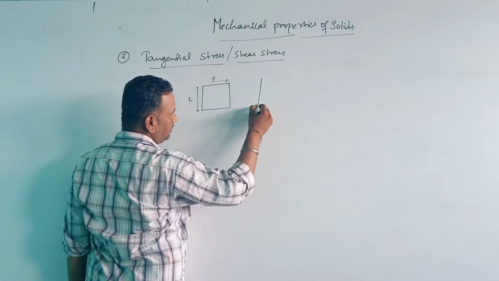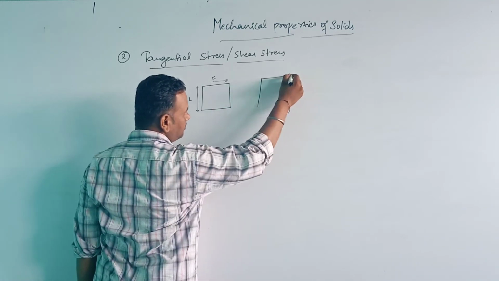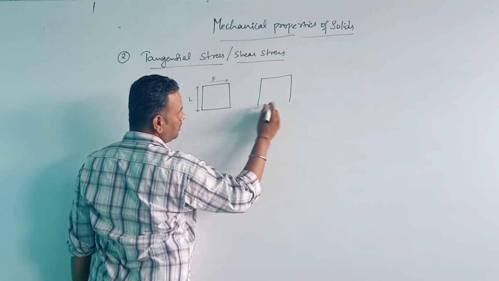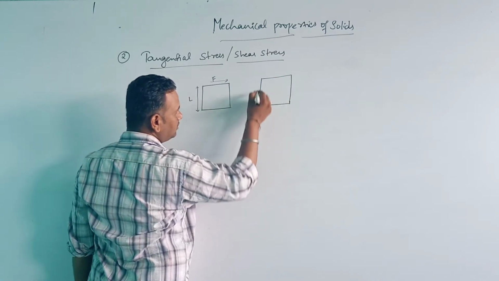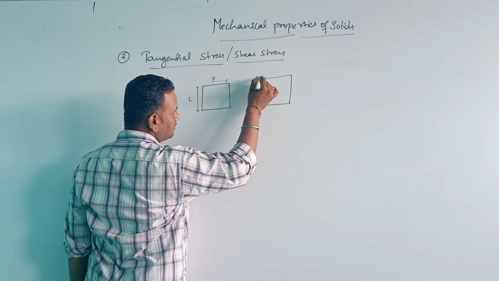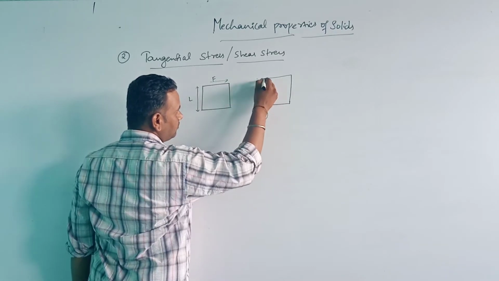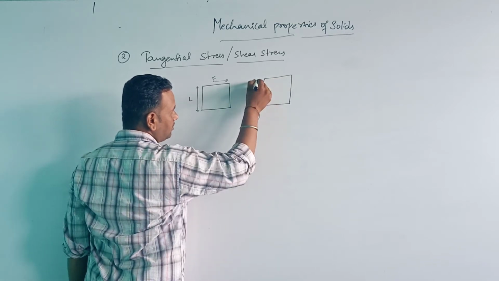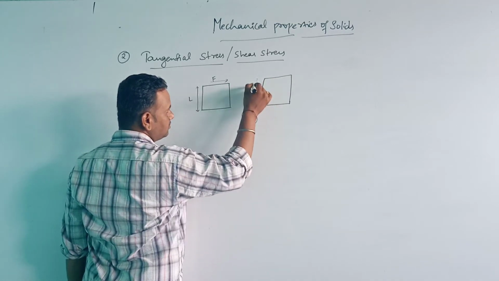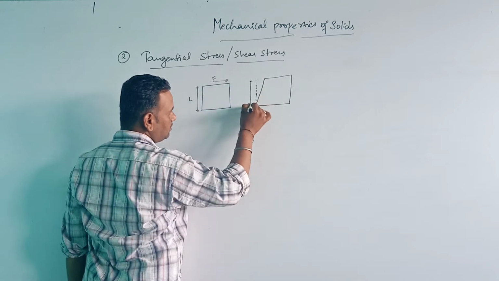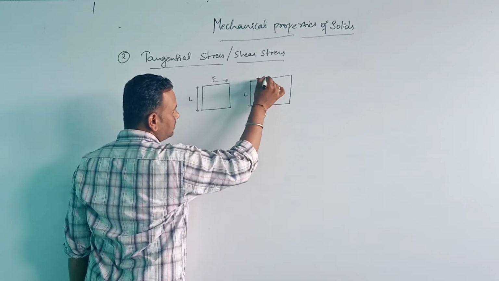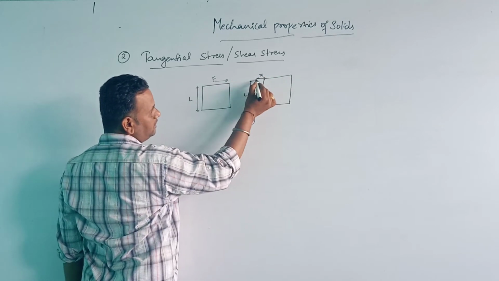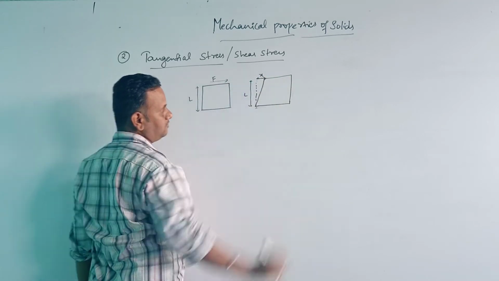The body changes its position. Initially it was here. Now this is the distance where the body moved from the initial position to this position.